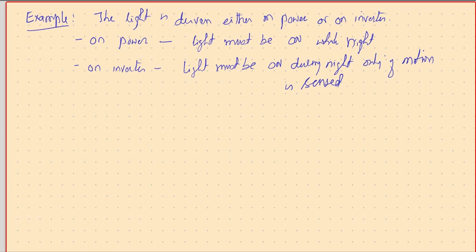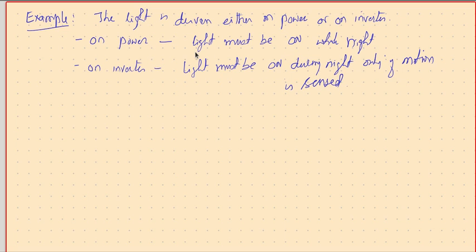When it is on power, there is not much problem as far as consumption is concerned. Therefore, when the power is on, the light must be on the whole night, so nothing to worry about consumption. So we can ensure that the light must be on all the night.